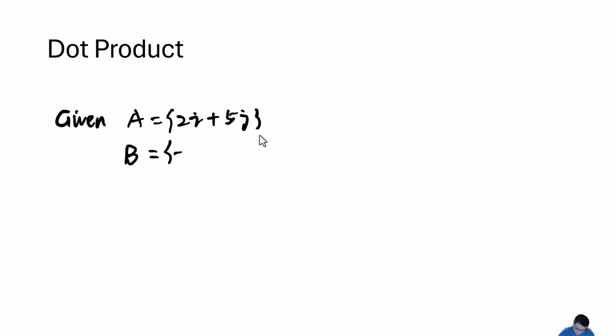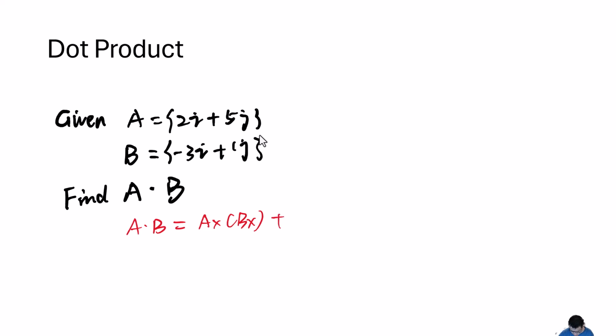Let's see an example. Given vector A, which is 2i plus 5j, and B, which is negative 3i plus 1j, please find A dot B. As we mentioned before, A dot B is AX times BX plus AY times BY plus AZ times BZ.